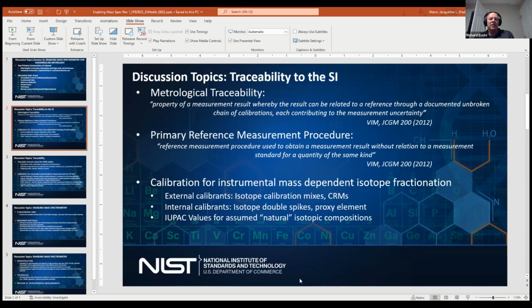So I think that's really some good points, and I sort of get what you're getting at, but actually uranium and plutonium are sort of special cases, since there are existing synthetic calibration mixes. So there's a case where you really don't need to rely on IUPAC values if you don't want to.